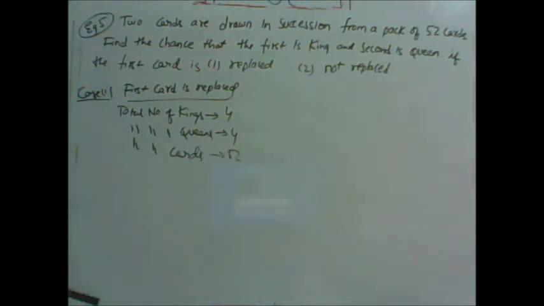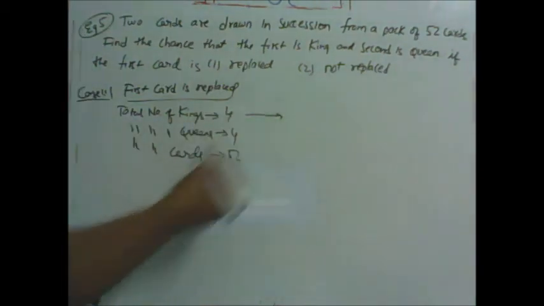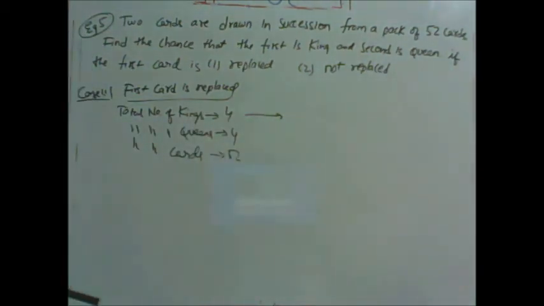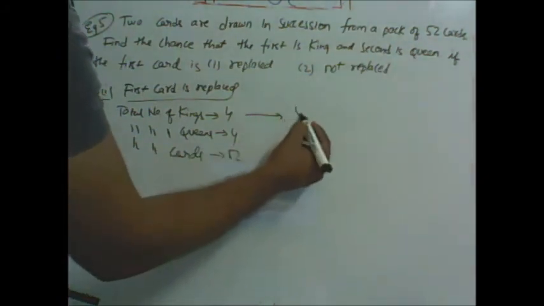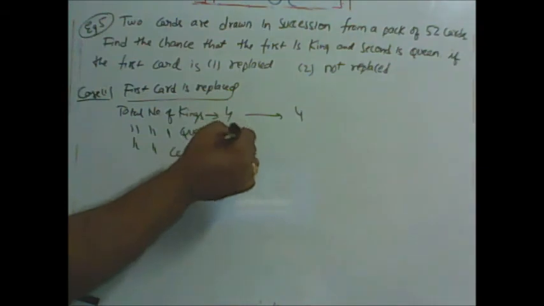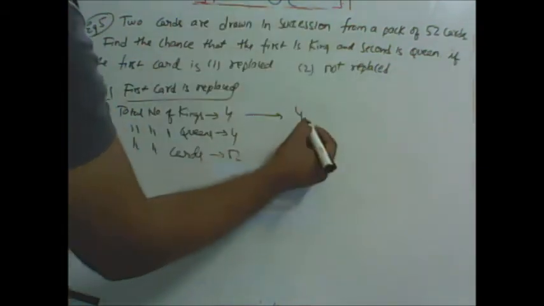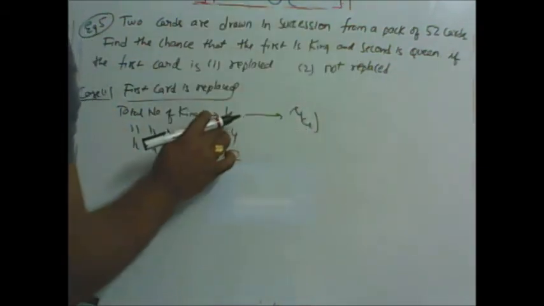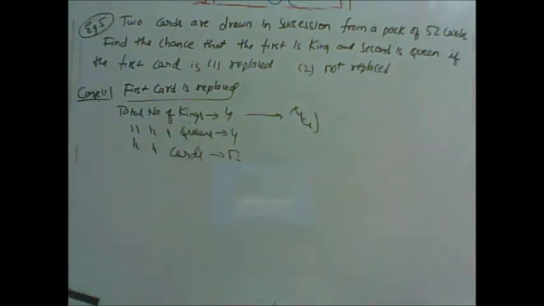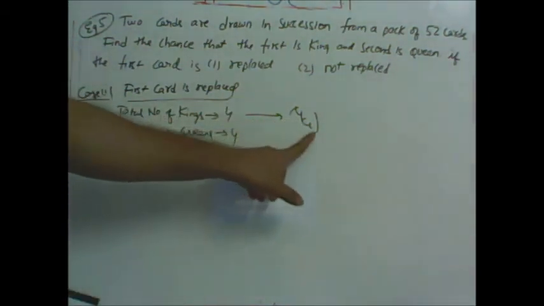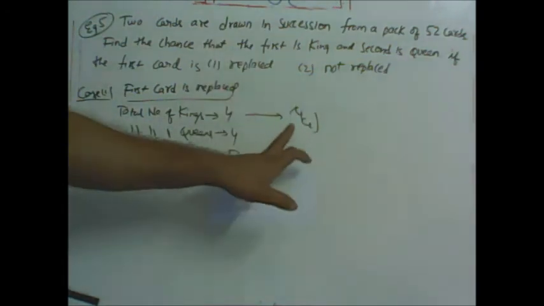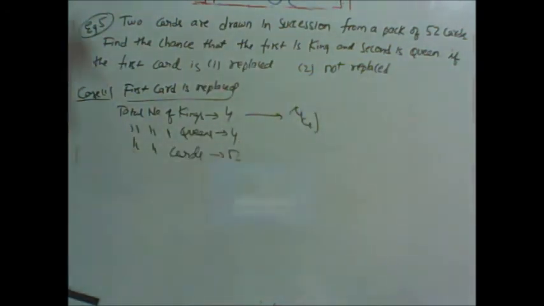Okay. So success in the first chance: the success rate for a king to come is 4C1. Among these 4 king cards, in whatever order, out of 4, 1 has to come. That is success rate 4C1. Okay.